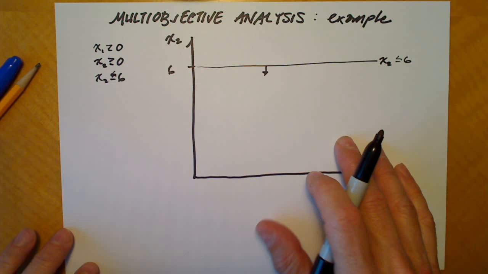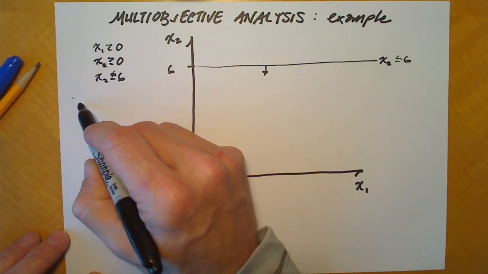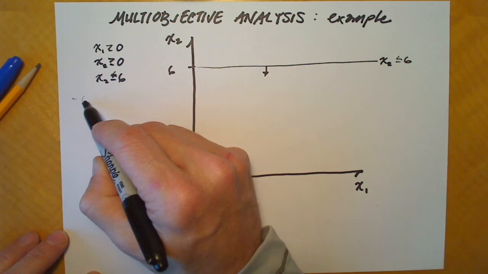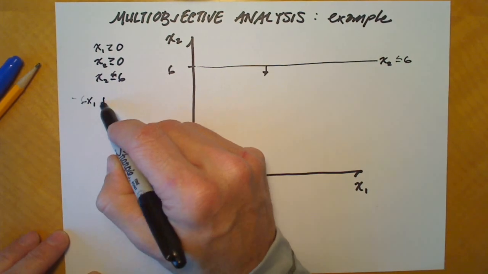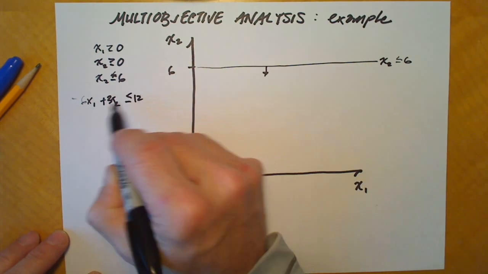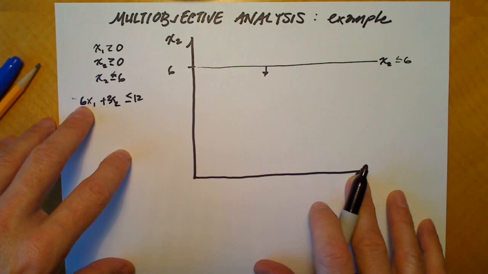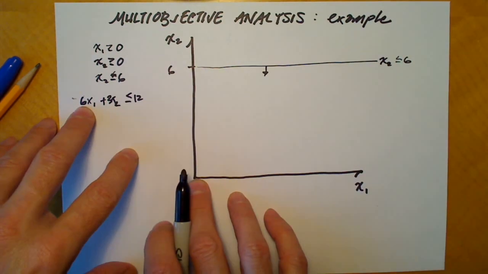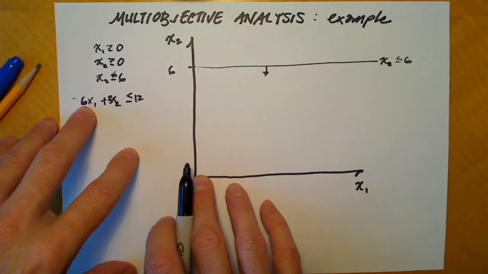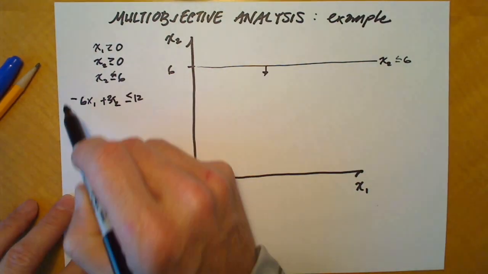Then the constraints get just a little bit more complicated. Let's do negative 6x1 plus 3x2 is less than or equal to 12. First thing we're going to do is find the x1 intercept. So this is the point where x2 equals 0. What does x1 equal?